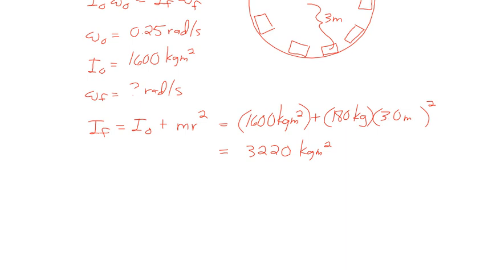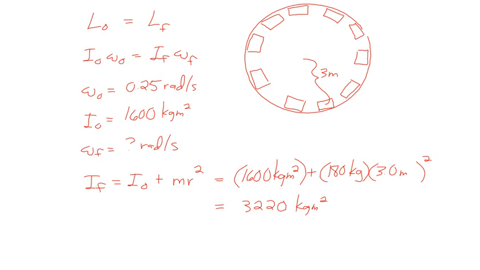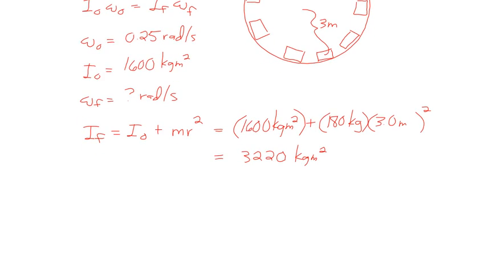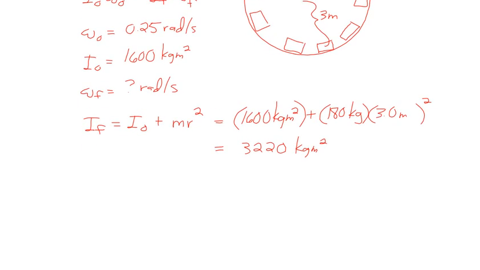So don't forget to add in the moment of inertia of the empty carousel plus the moment of inertia created by the bags. So now that we have all those numbers, we can just plug it into this formula right here. Just rearrange to solve for that, and we will get omega_F equals I_O omega_O over I_F. So looking at those numbers, it looks like the angular velocity is going to be about half.